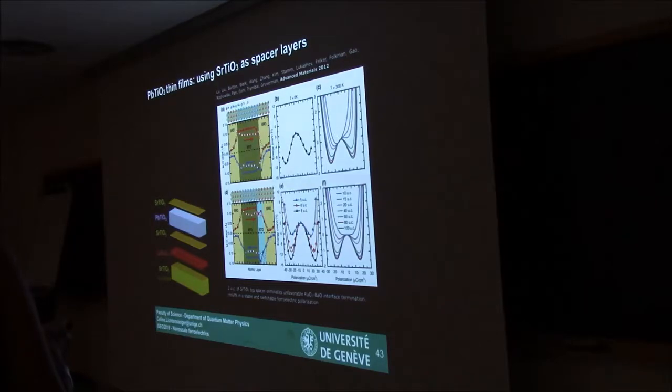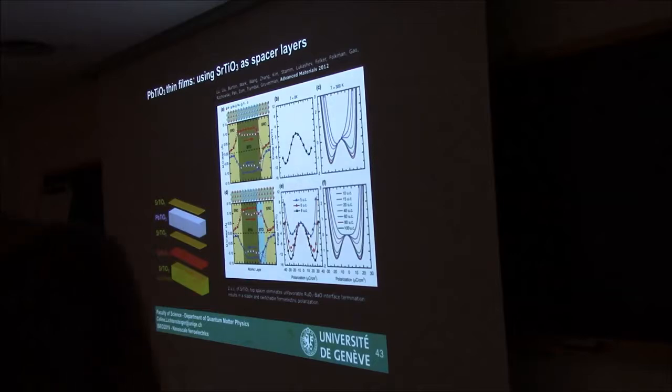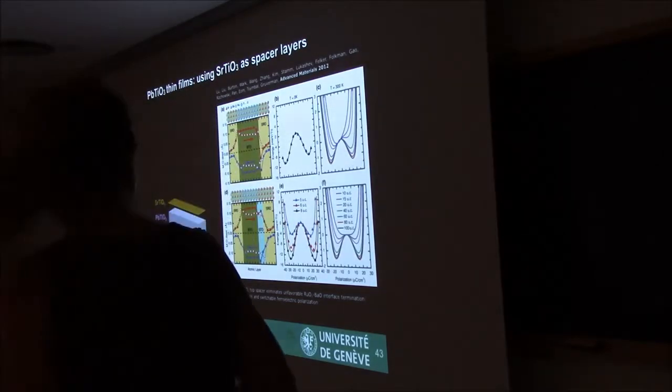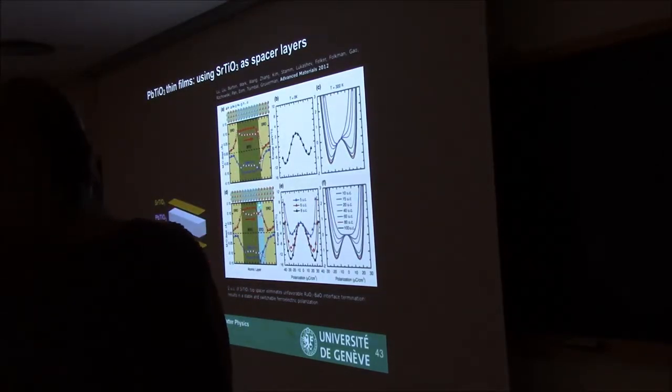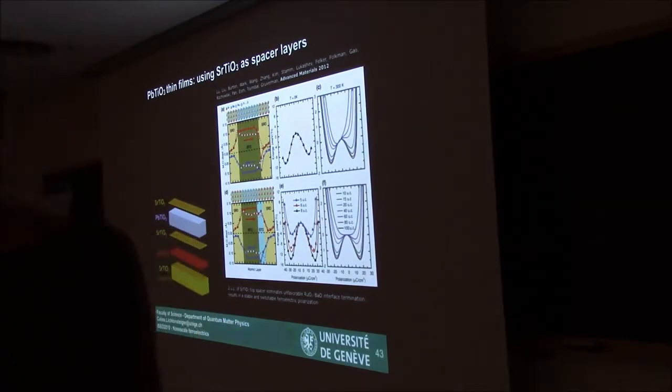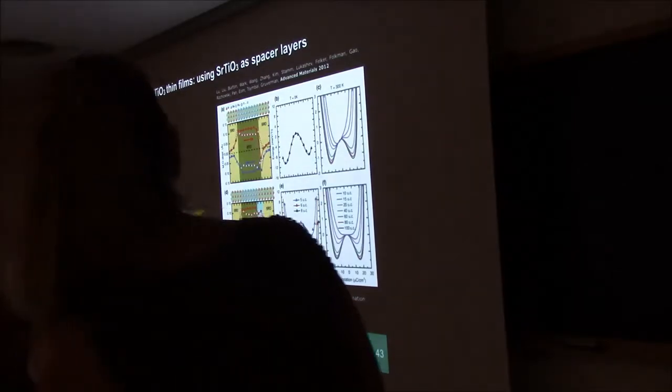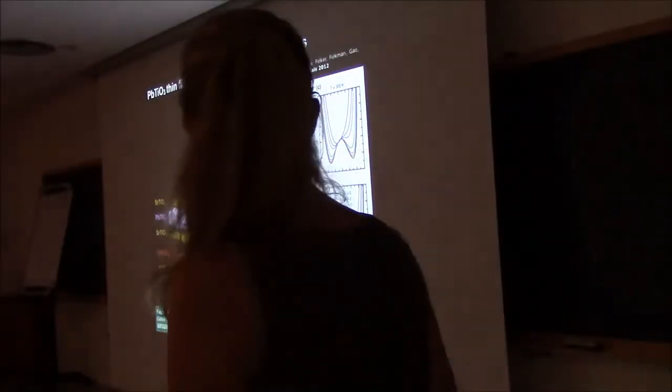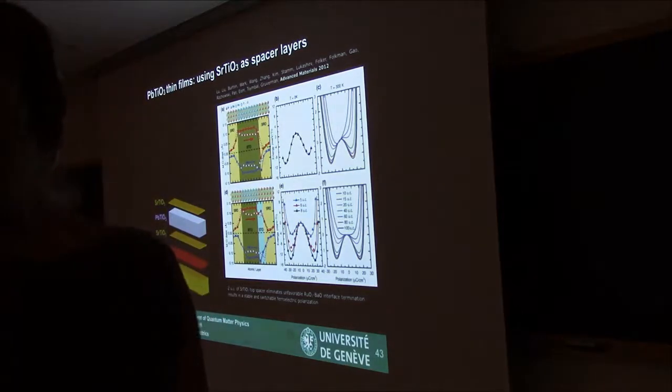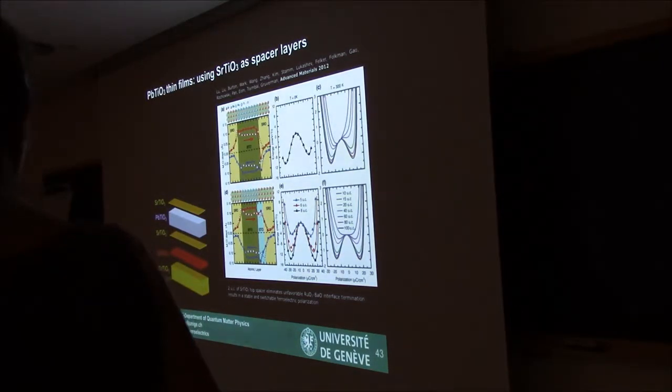You can see here that the polarization was stable only in one direction and not in the other. As soon as they put 1 unit cell, I think, or 2 unit cells of STO on one side, they were able to make the double-well energy symmetric, and so now they had the 2 stable polarization states.